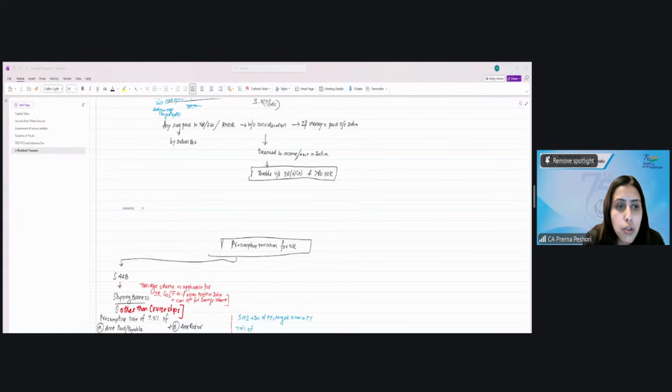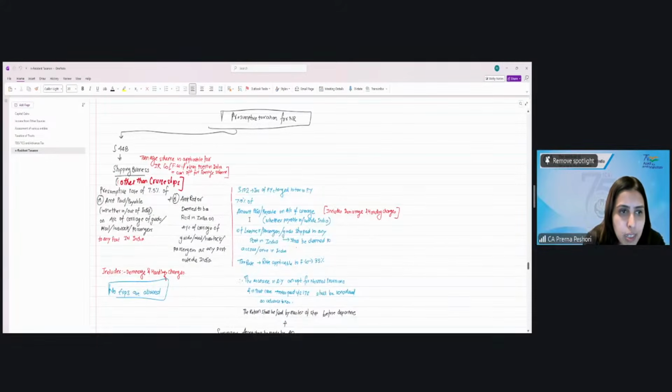So here you need to take into consideration 7.5% of the amount paid or payable, whether in India or out of India, to the assessee in respect of the carriage of passengers, livestock, goods shipped at any port in India, plus 7.5% of the amount received in India on account of the carriage at any port outside India.